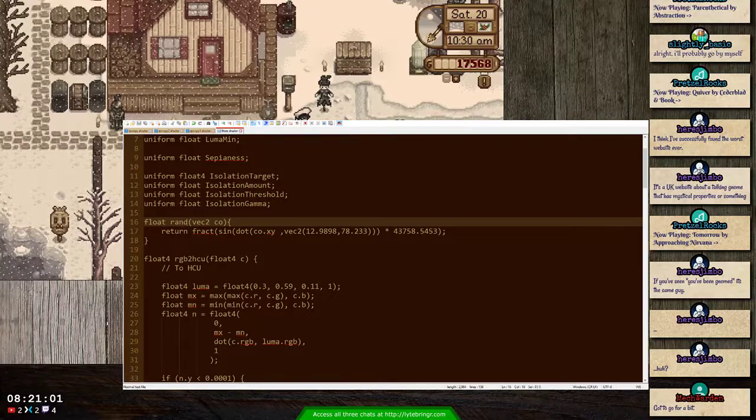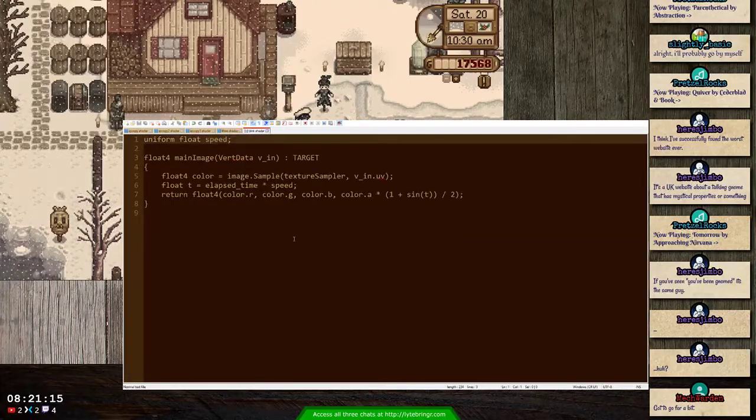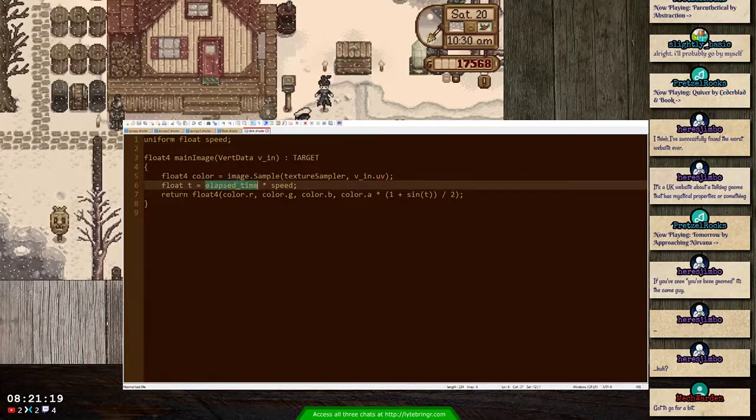Brilliant. Then we're going to open up the example shaders, because these likely have something interesting in them. Okay, so the blink shader has time. So elapsed time is something we are likely to need.